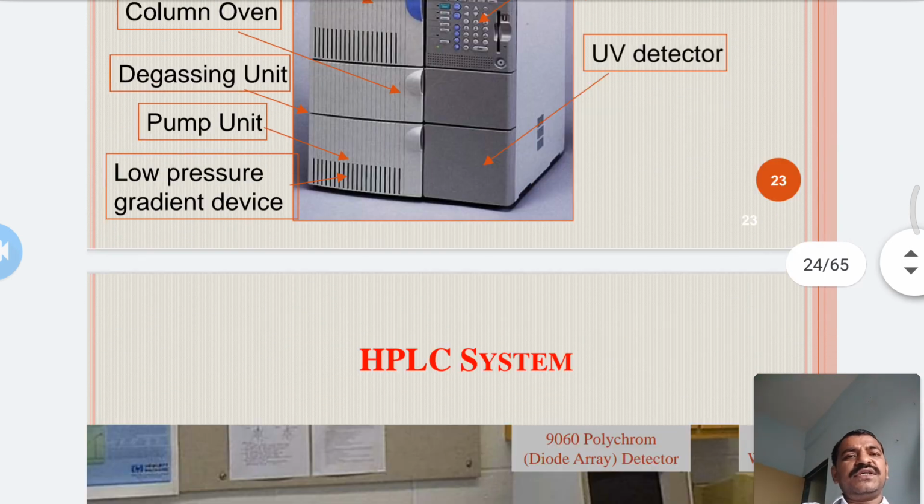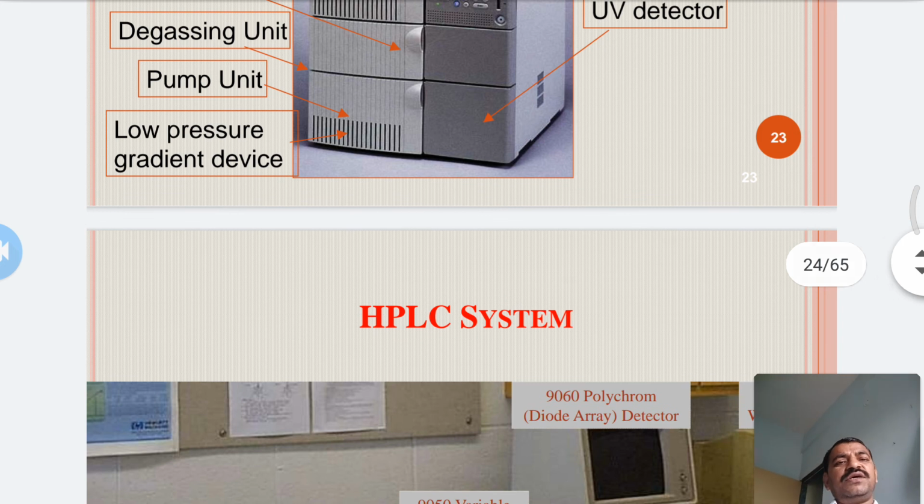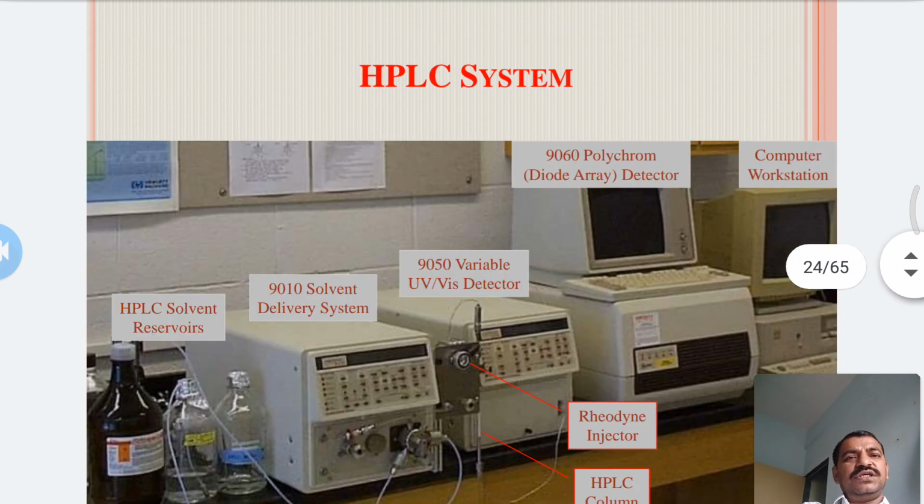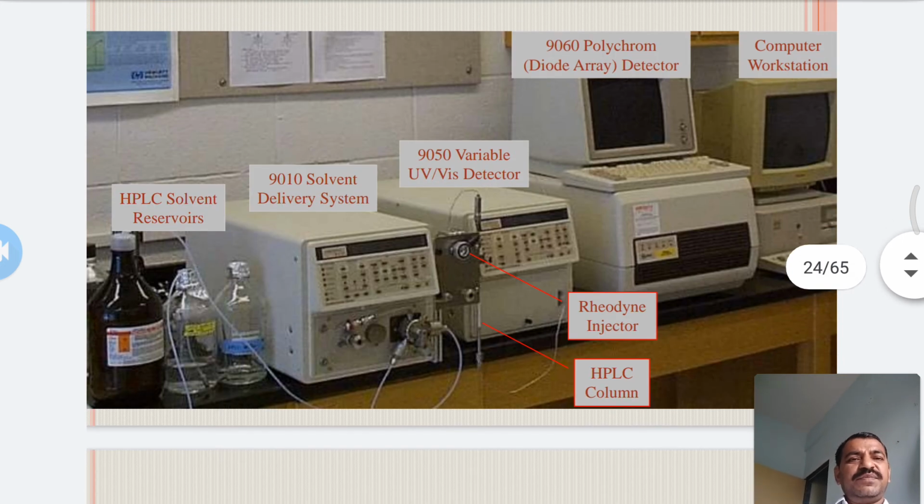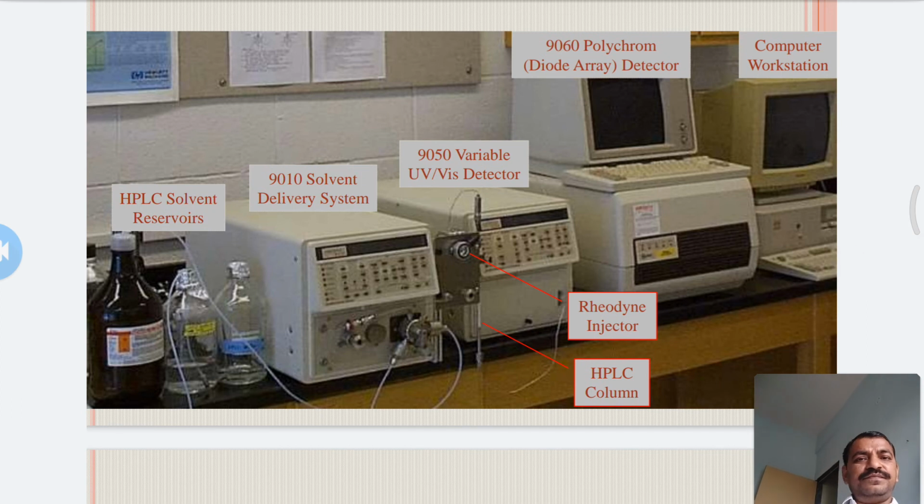Okay, so different types are EMS detector, mass. So here is a step by step representation of the HPLC instrument. First is the reservoir, where different solvents are kept, and then the solvent delivery system.